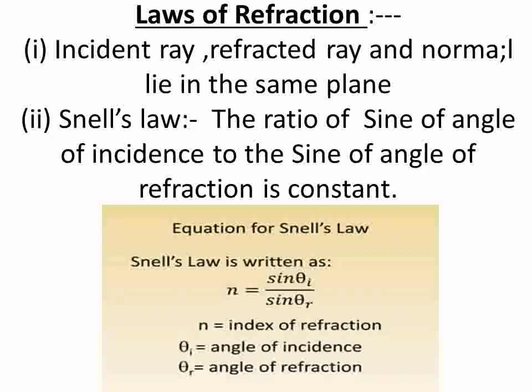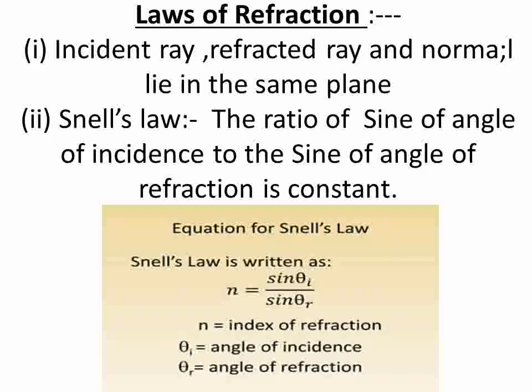There are two laws of refraction. One is that the incident ray, refracted ray, and normal lie in the same plane. And second is Snell's law: the ratio of the sine of angle of incidence i to the sine of angle of refraction r is constant.